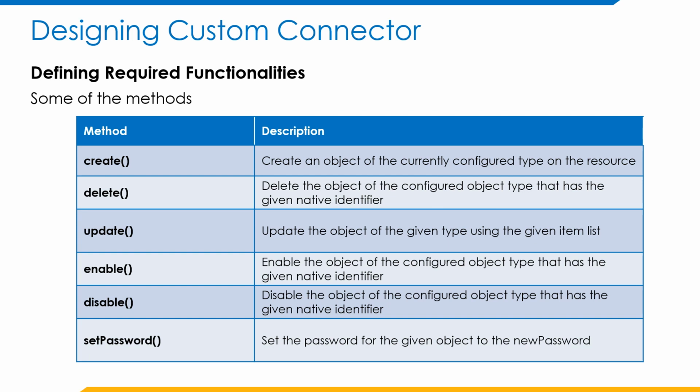Enable should enable the object on the application based on native identifier. Disable should disable the object on the application based on native identifier. Set password should set the account password on the application given a native identifier, new password, optional current password, and expiration date.